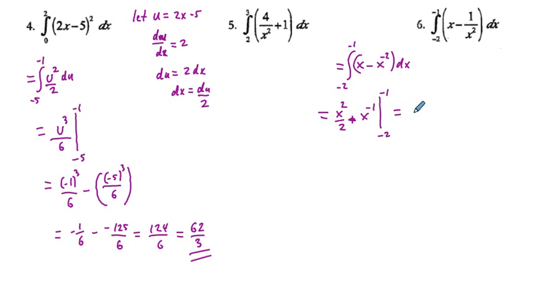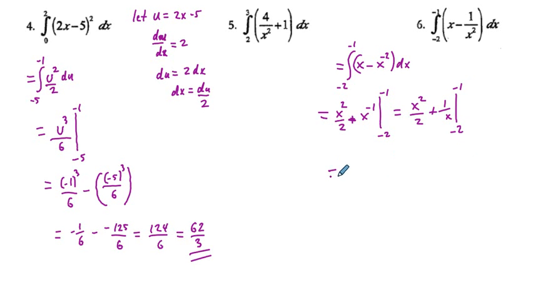And just working ahead to the right here, we get x squared over 2 plus 1 over x, and we're going to evaluate that between the boundaries of integration, negative 2 and negative 1.